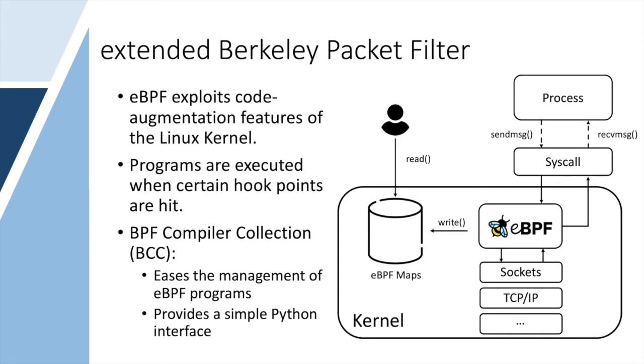It is a simple Python interface that eases the entire process of eBPF writing and injection. Once the program collects all the information that we are interested in, it writes all the measurements into so-called eBPF maps, which are data structures that are then periodically read in user space to be processed and parsed.